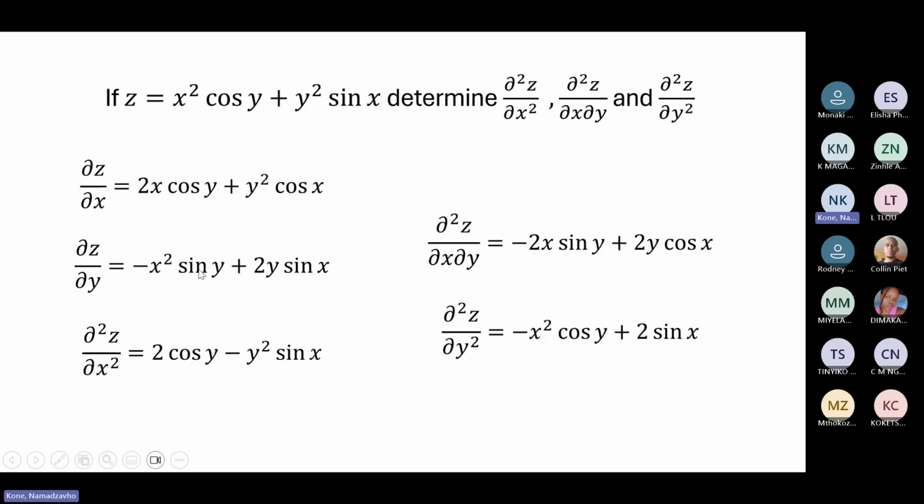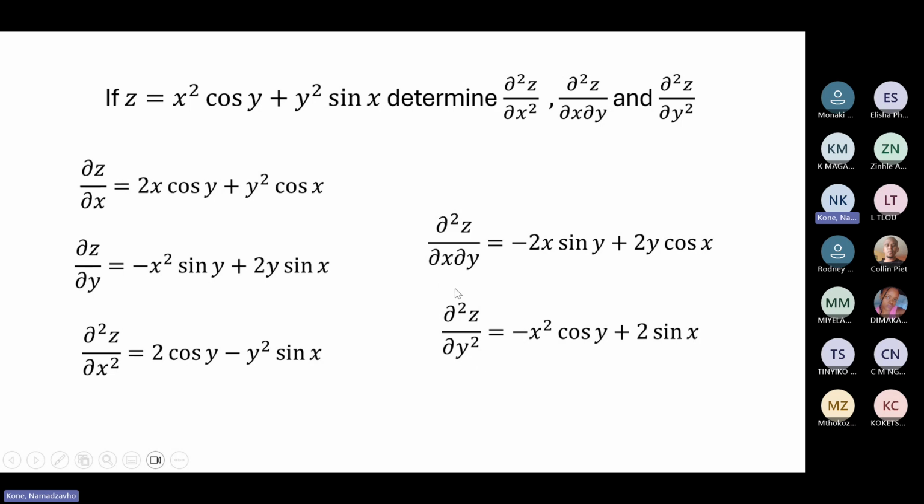What is the derivative of sine y? It is cos y. Then we've got now the derivative of 2y, which will be 2. And then this sin x remains a constant, and that is your derivative of the second order of z with respect to dy squared. So this derivative, in actual fact, is the same as d squared z dy here at the bottom.